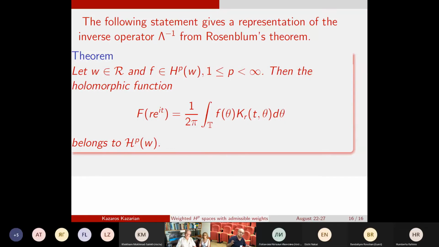And it is true also that the necessary and sufficient condition that these spaces, HP calligraphic and HP on the boundary, are isomorphic is that the weight function belongs to R. This is some strengthening of Rosenblum's theorem. Okay, so I am ending a little bit earlier, but it's good. Okay.